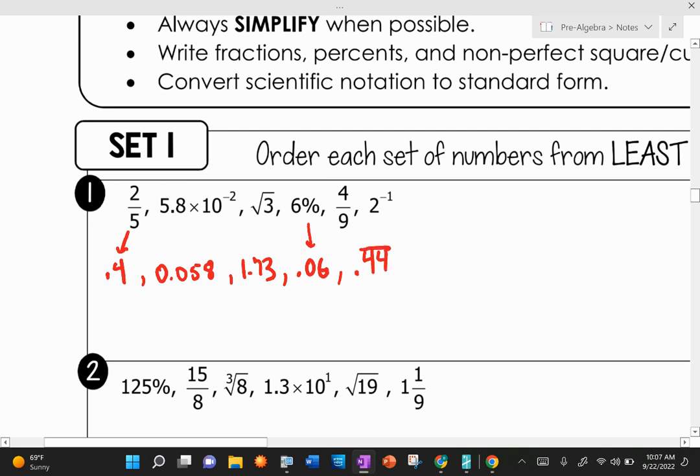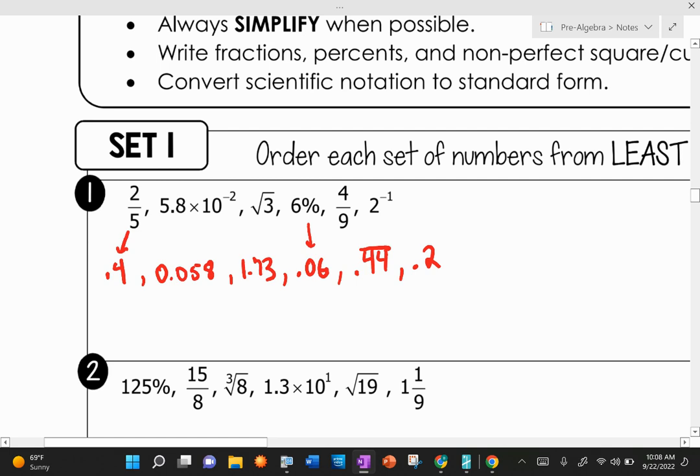In case you didn't know, any fraction that has a 9 as the denominator is a repeating decimal. So 4 over 9 is 0.4 repeating, 3 over 9 is 0.3 repeating, 2 over 9 is 0.2 repeating. The more you know. What about the last one? 2 to the negative 1 power. 0.5.